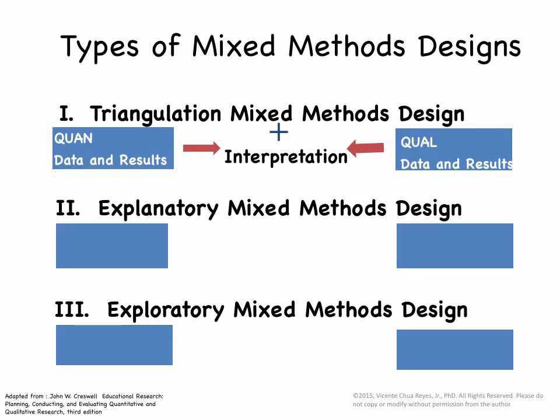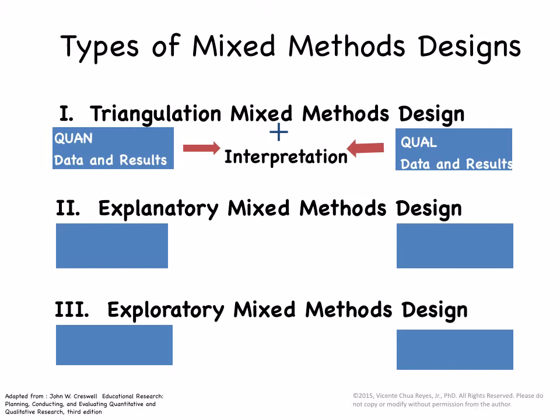In the notation that is used, we can observe that QUAN is written in uppercase, and the same is written for QUAL, uppercase. So data and results for quantitative and qualitative data are implemented concurrently, and interpretations are also implemented concurrently.